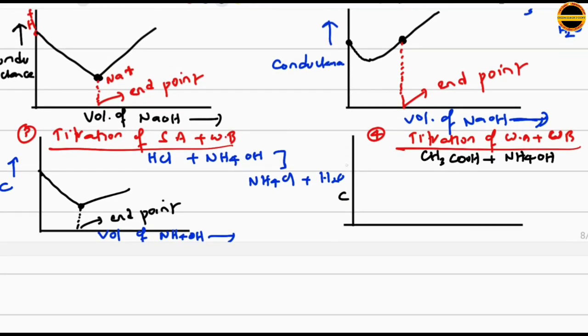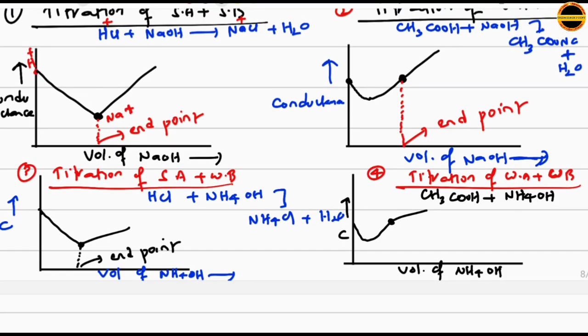Here conductance as usual and then volume of NH4OH. It is similar to the second graph, but the second graph is exactly like a tick mark, while here you will not get exactly a tick mark, you will get it like this. After the end point, there is a steep increase in conductance in the second, but here, as it is a weak base, a flat increase in conductance is observed. So these four graph shapes you have to remember.